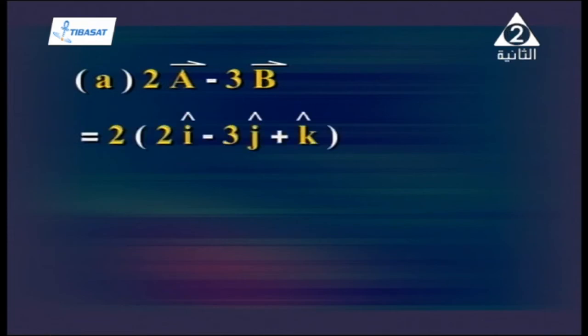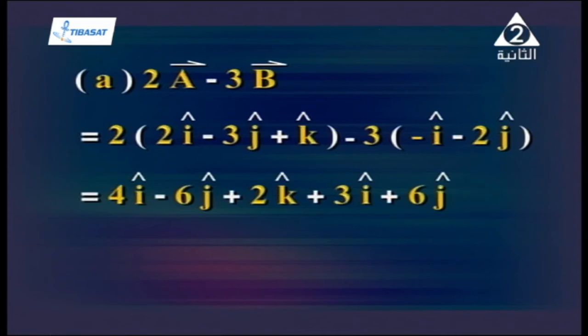Solution. 2A vector minus 3B vector. We multiply 2 by the components of vector A and 3 multiplied by the components of B vector, then subtract. The answer is 4i minus 6j plus 2k plus 3i plus 6j.